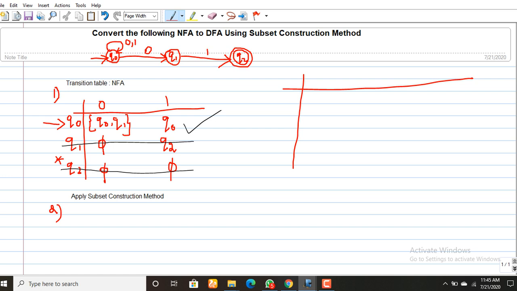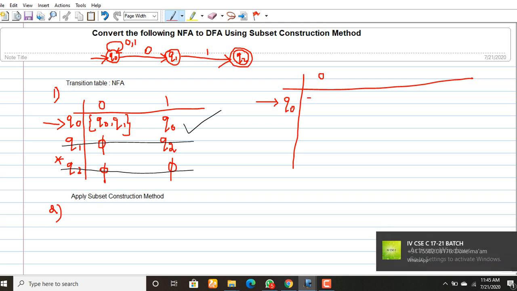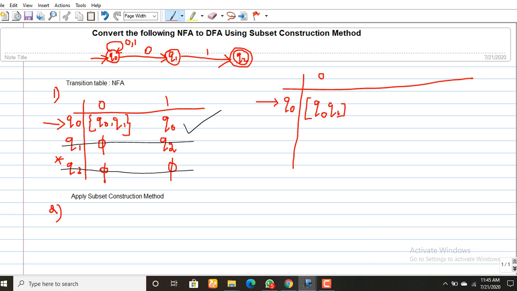What are the possible states? The only one state, that is Q0. On receiving 0, Q0 moves to Q0, Q1. Then on receiving 1, Q0 goes to Q0.